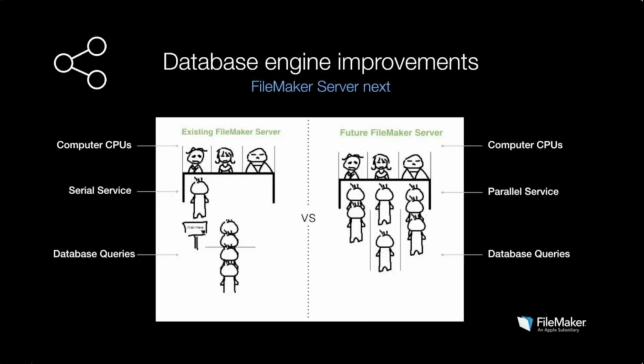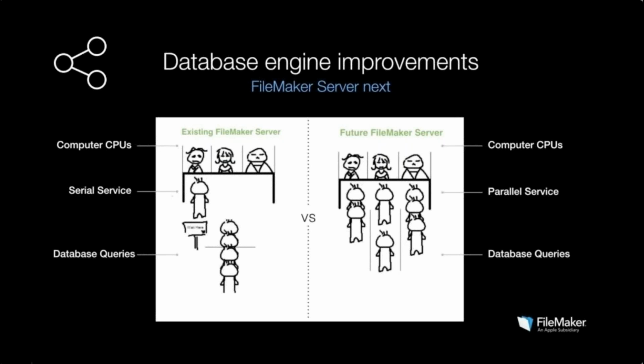Now we'll move on to performance and scalability enhancements for the next release. The first one is database engine improvements we're making for the next version of FileMaker Server. Essentially, we're moving away from a serial queuing up of queries to be able to support parallel queries at the same time.